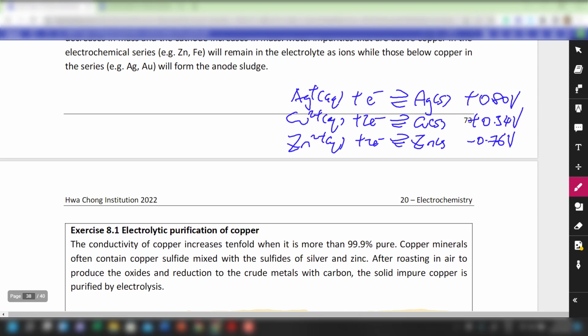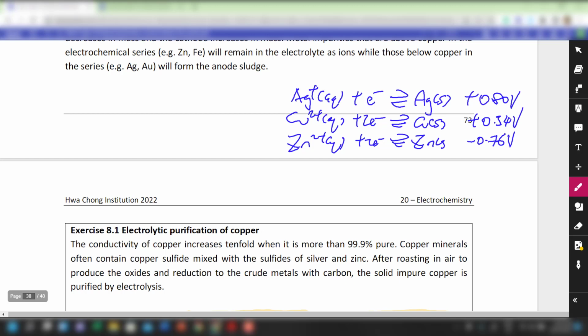Therefore, if we apply a potential difference such that copper can be oxidized to copper 2, we expect any metal with a reduction potential more positive than copper to copper will not be oxidized. In this case, the silver will fall off as the anode sludge.